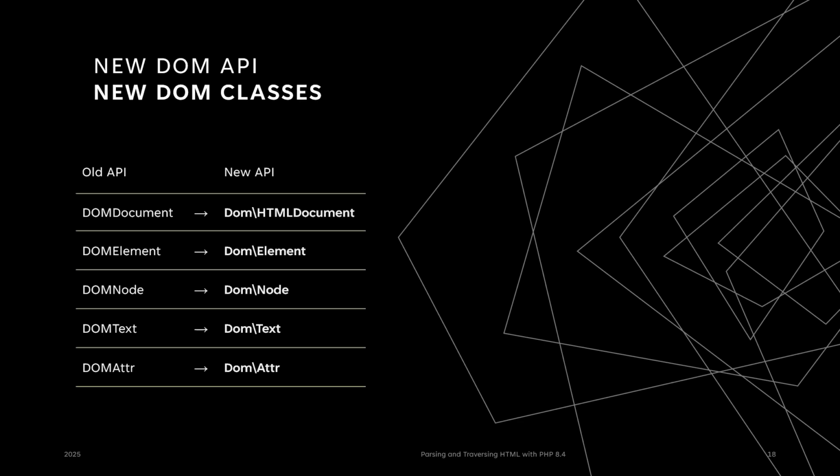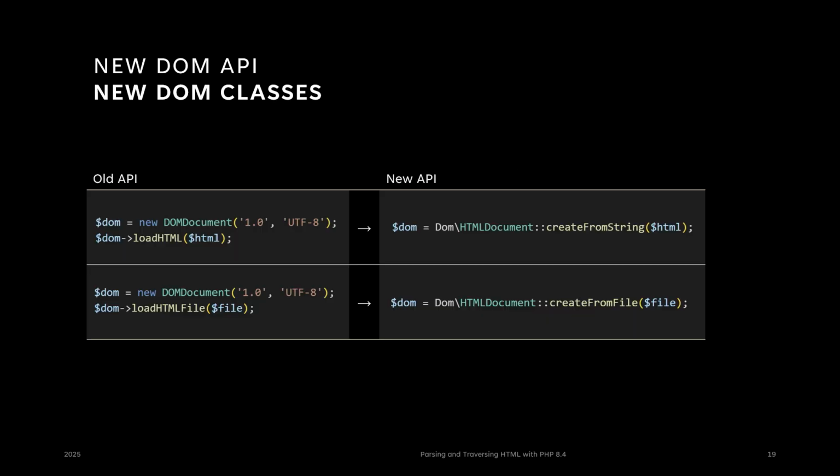The new DOM classes are under this DOM namespace. So DOM document is now DOM HTML document, and then we have these others. Usually you would see those two lines to start off, where you would give it either an HTML string or a file. The new way on the right is how you would do that.